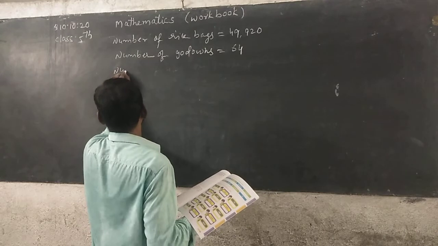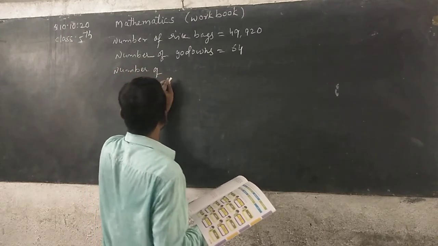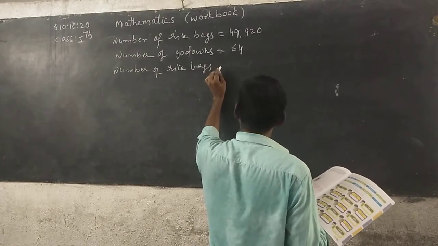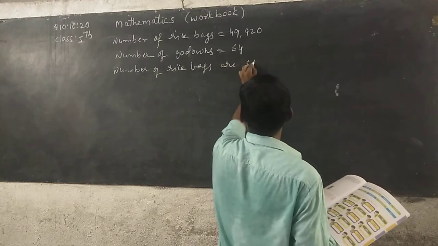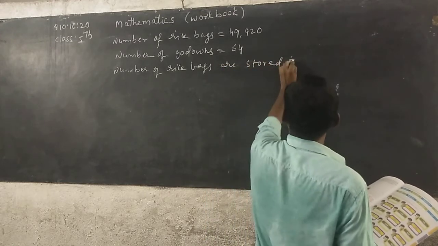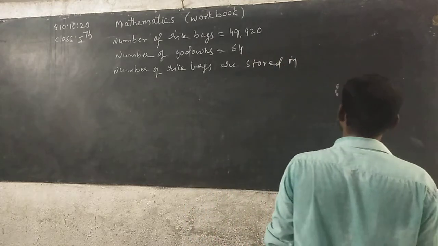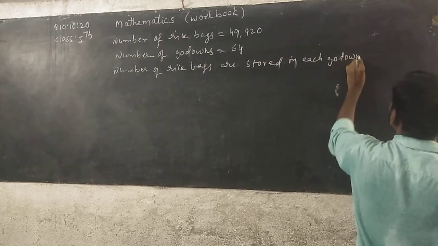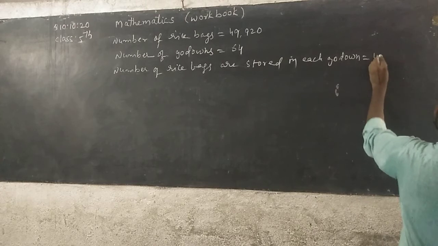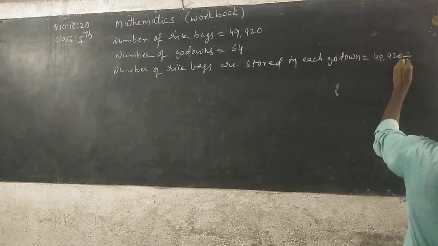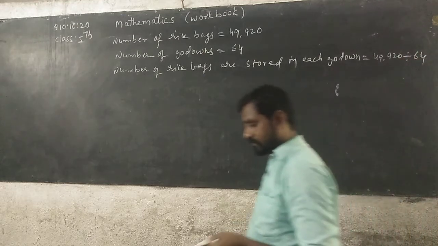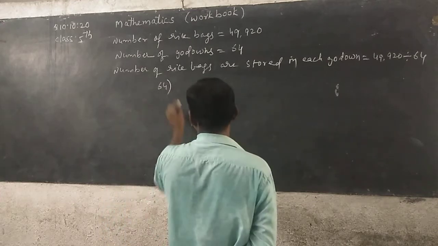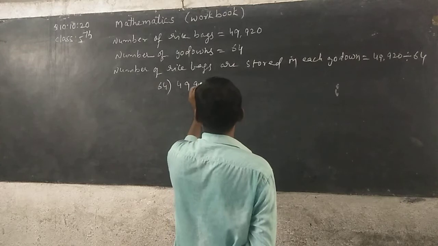See here, number of rice bags stored in each godown is equal to 49,920 divided by 64. 64 taking as divisor, 49,920 taking as dividend.